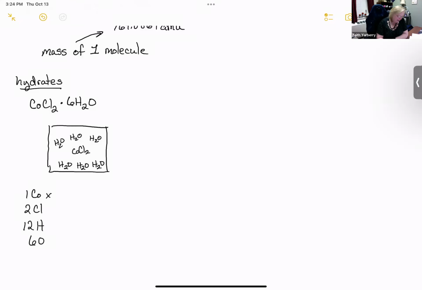Cobalt has a mass of 58.9331. Chlorine a mass of 35.453. Hydrogen a mass of 1.00794. And oxygen a mass of 15.9994. So our cobalt contributes 58.931 to the overall. The chlorines contribute 70.906 to the overall.